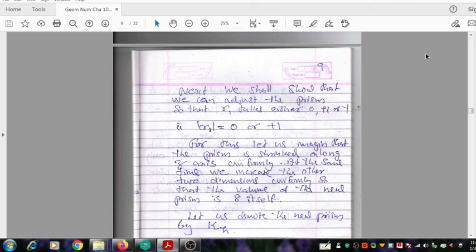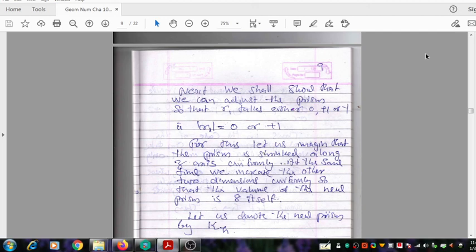Keeping the volume the same, we will adjust the sides so that the new object is also a prism, and also an M set. So keeping that property, we can adjust the faces of the prism continuously.